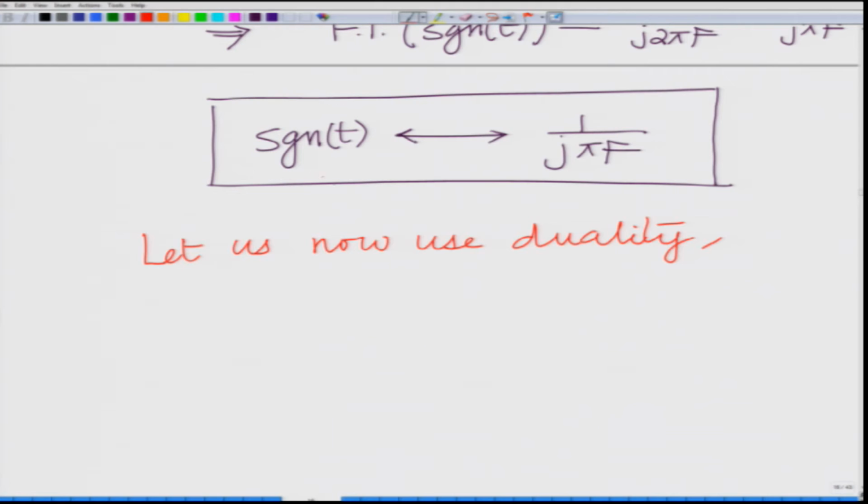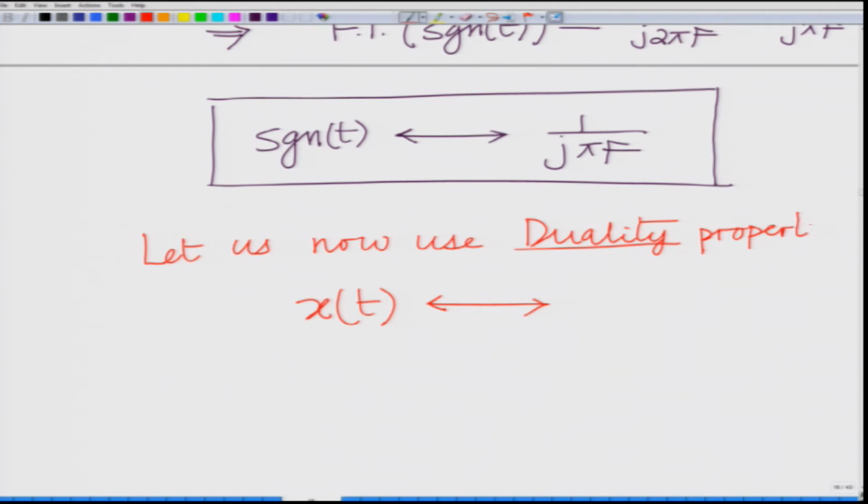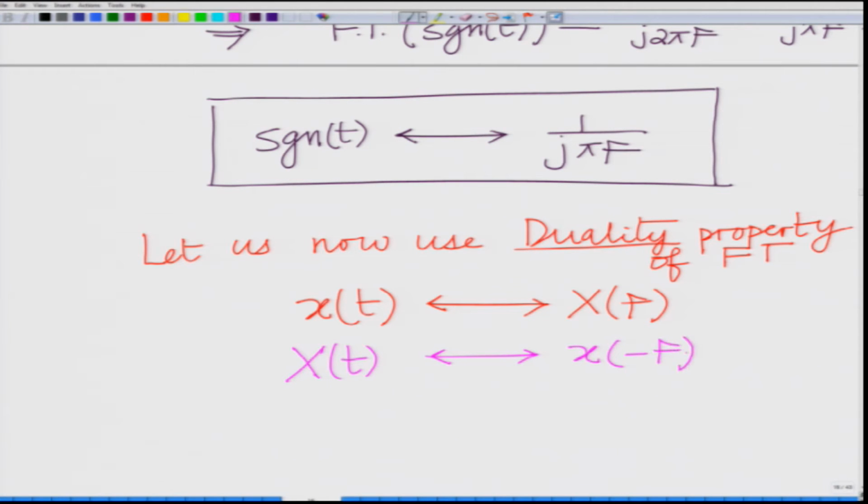Remember, the duality property of the Fourier transform states that if x t has Fourier transform x f, then x t has Fourier transform x of minus f.